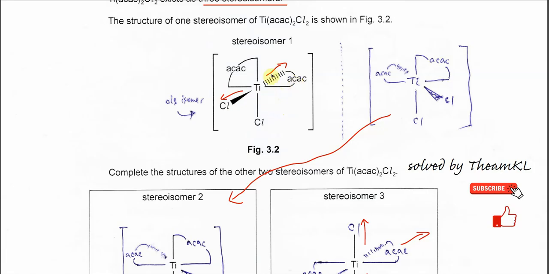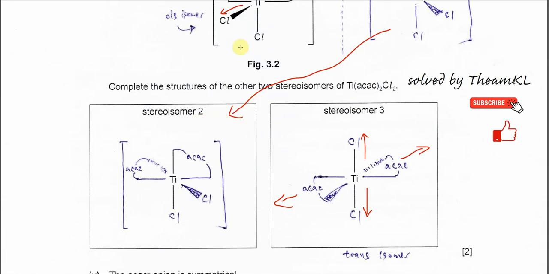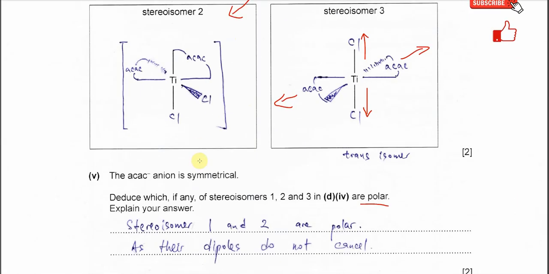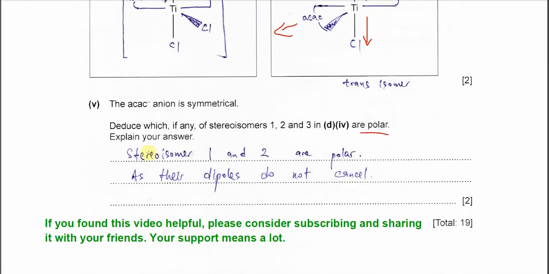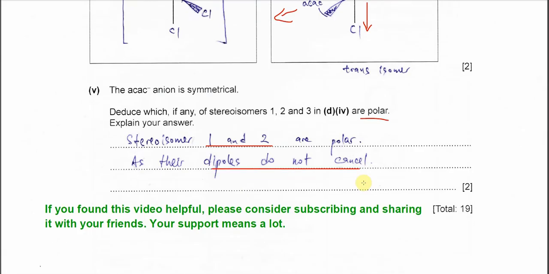So therefore we know that isomer 1 and isomer 2 here will be polar. So you just need to mention which ones. In my drawing it is stereoisomer 1 and 2. So both polar. Why? Because the dipoles do not cancel. Okay, that's all. Thank you.